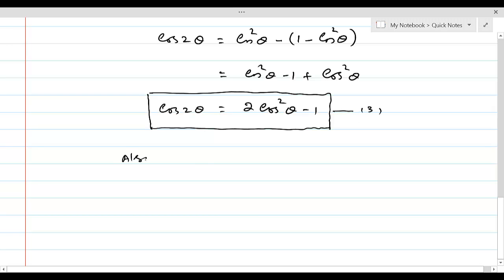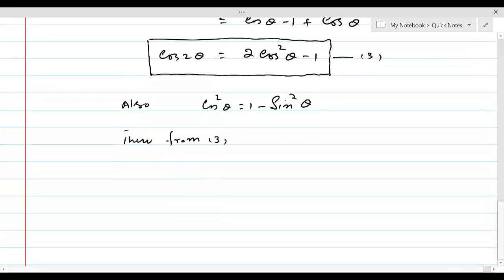Also, if we want to express cos 2 theta in terms of sine, then we can replace the value for cos square theta from the fundamental trigonometric identity. Also, cos square theta is equal to 1 minus sine square theta. So if we use this result, then from 3, cos 2 theta is equal to 2 into 1 minus sine square theta minus 1.